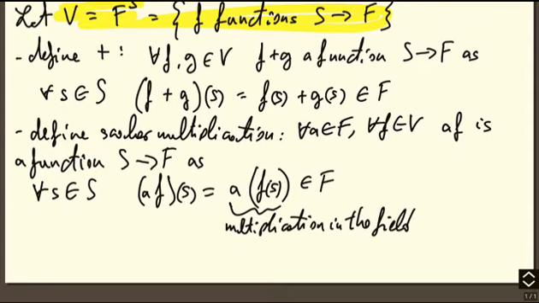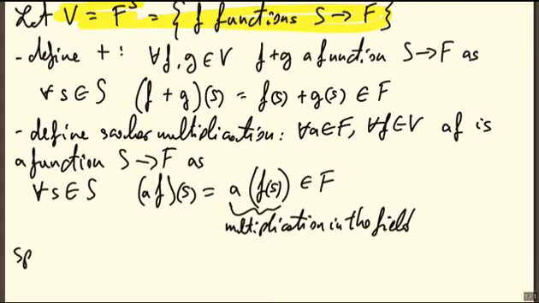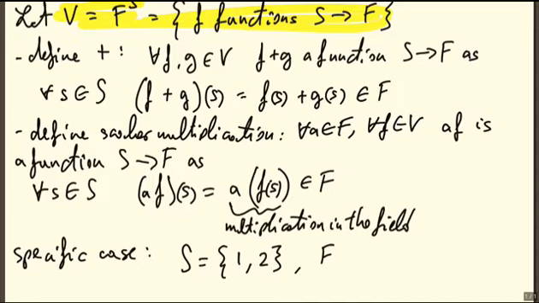Let's see a specific example, specific case of this. A simple set S could be just two numbers, 1 and 2. For the field F, we set it to be the real numbers as usual.